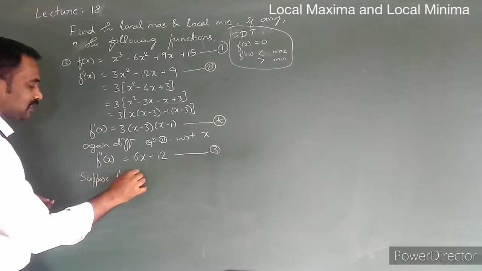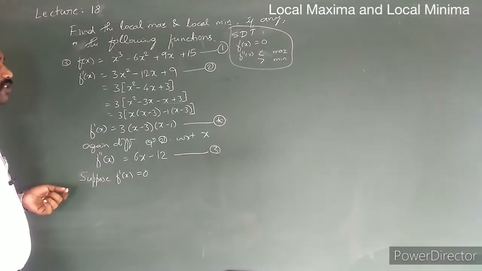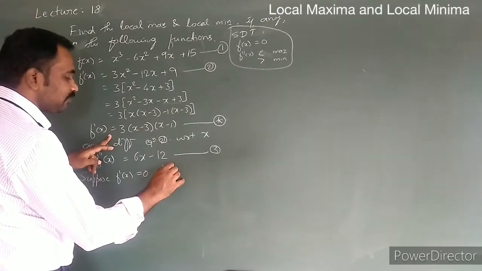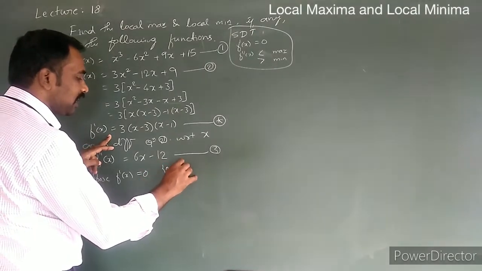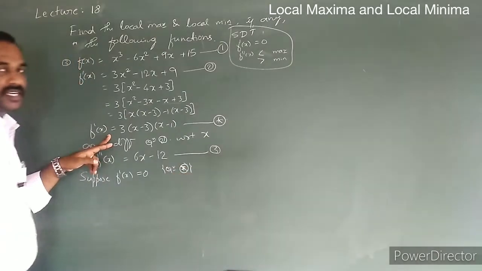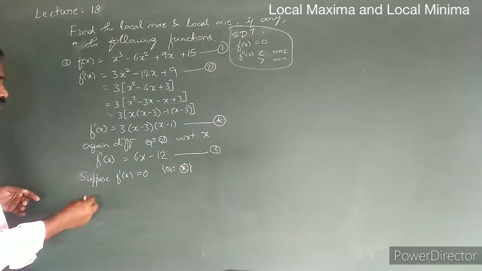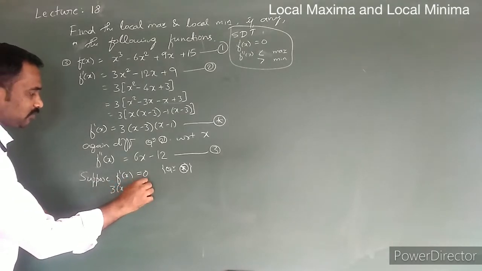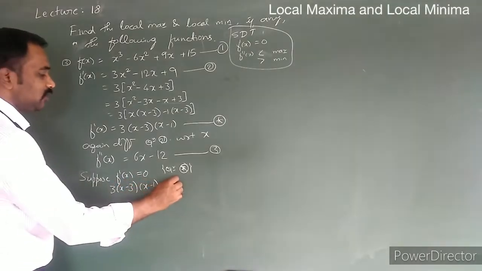Suppose f dash of x is equal to 0. f dash of x is equal to 0 means I just take equation number star and consider it, and simply we will get the result. So here in equation number star, 3 into x minus 3 into x minus 1 is equal to 0.